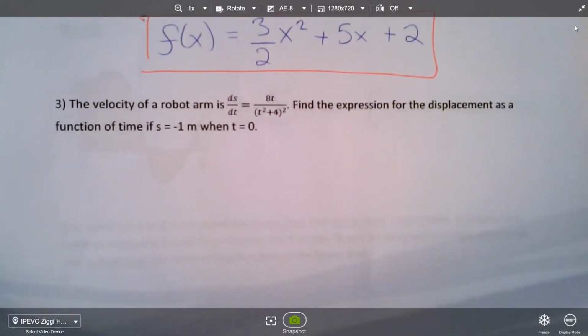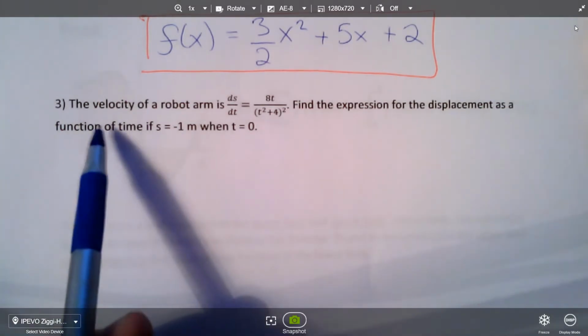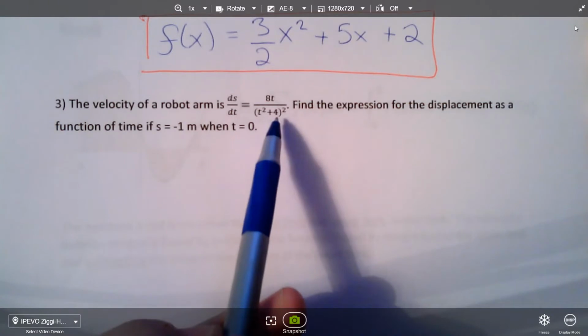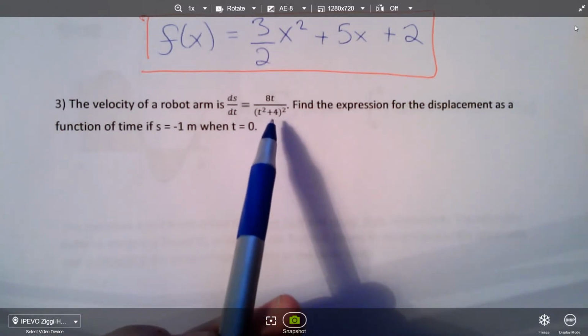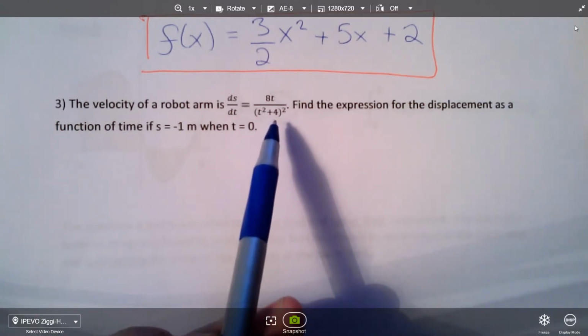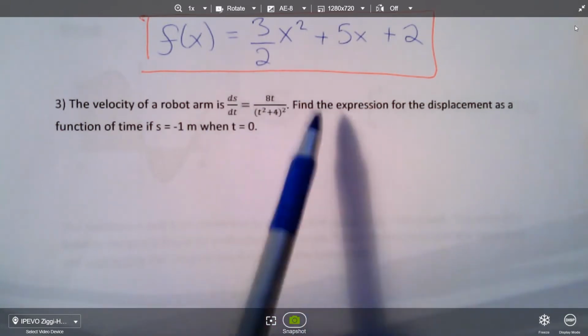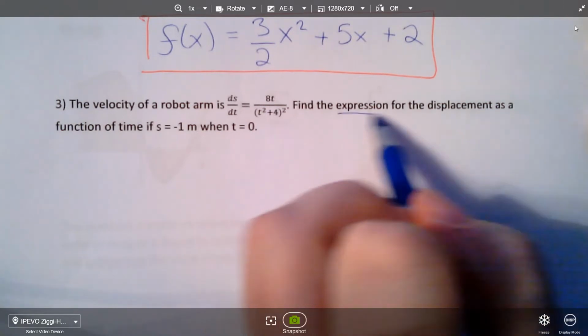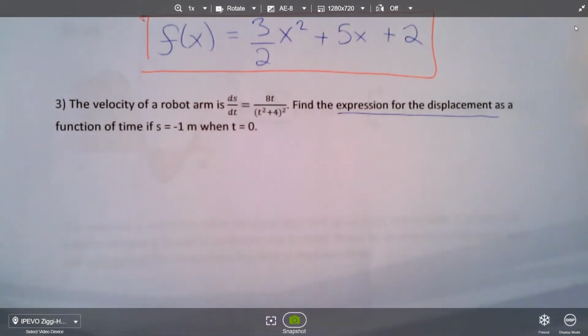All right. So how about a small application? The velocity of a robot arm, dS/dt, is this. We may have actually done one similar to this, but we didn't have the initial value at one point. So we've got the velocity, the speed of the arm. What we're looking for is how it moves, displacement, okay?